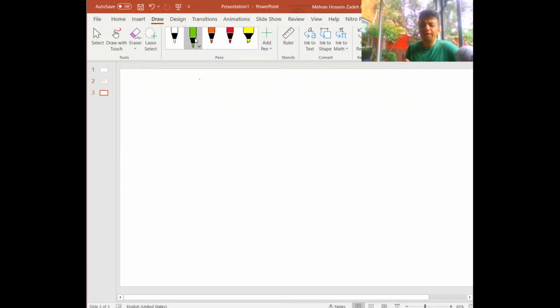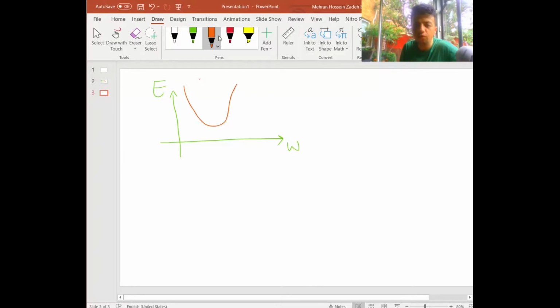I think it's not a bad idea to actually explain this a little bit more. If you think about it, let's say you've got your error. This is a very simple example. You've got your error with respect to, let's say you have just one parameter, w, and this is your error. And let's say the behavior of your error with respect to your w is something like this, right?